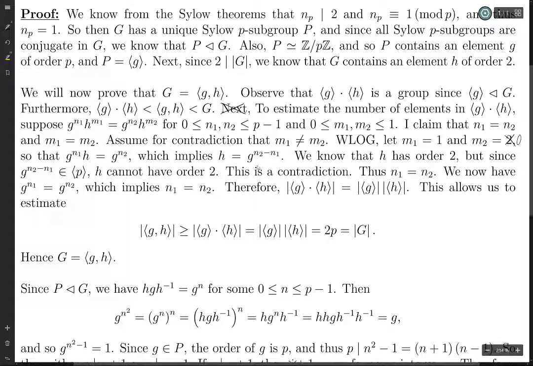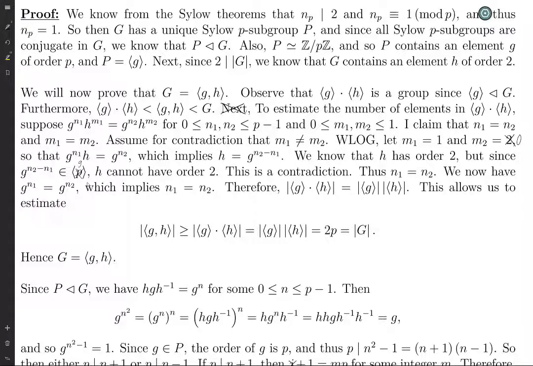And so h is equal to g to this power. So h has order 2, and g to this power is going to be contained in the subgroup generated by g. Okay? And so h cannot have order 2.